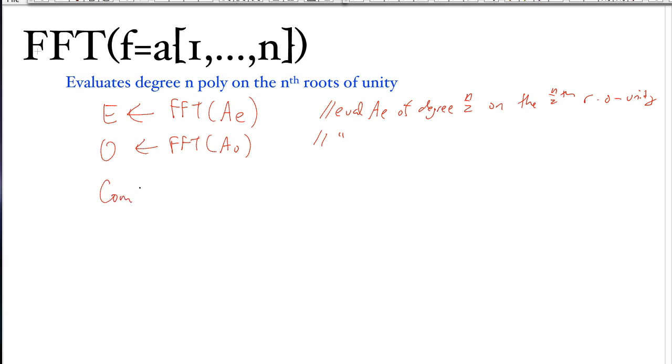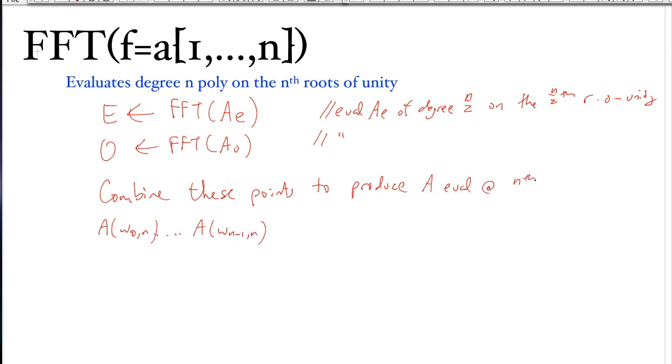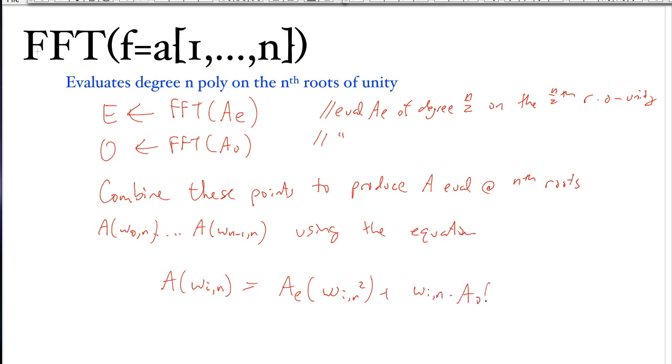Finally, we combine these points to produce A evaluated at all of the nth roots of unity using the equation A of omega_{i,n} is equal to A_E at omega_{i,n} squared plus omega_{i,n} times A_odd at omega_{i,n} squared.